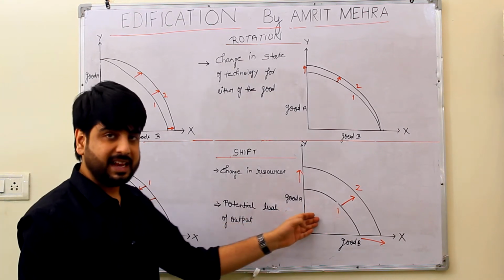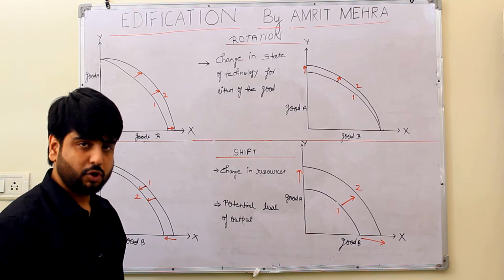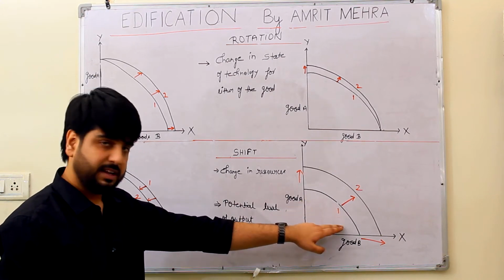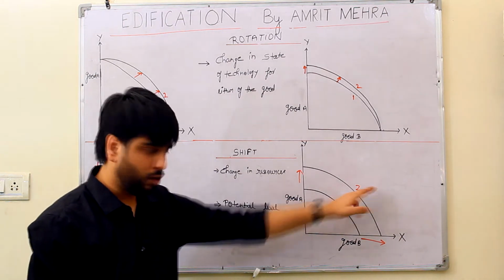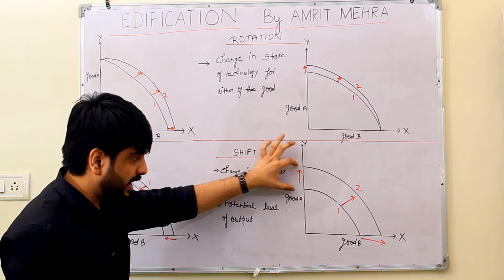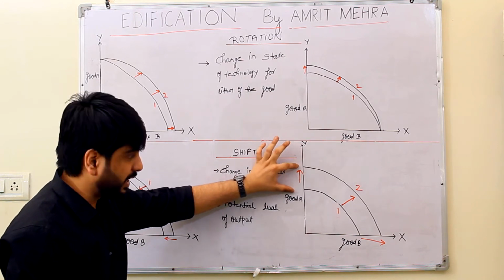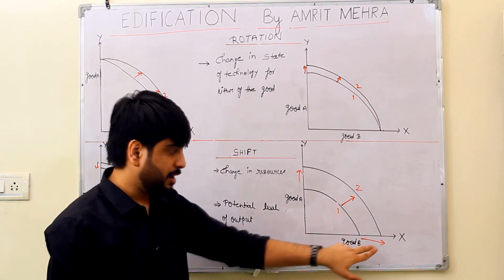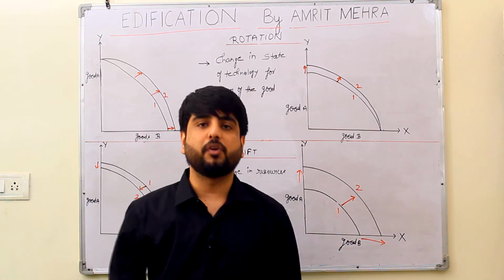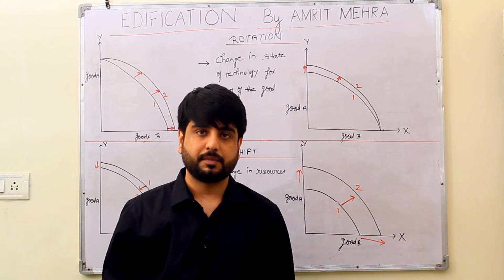This shows an increase in the resources or increase in the potential level of output. The PPC 1 is shifting to PPC 2 on the right hand side, showing a change in good A, which is shifting upwards, and good B, which is shifting rightwards. So these are 4 possible cases of PPC.